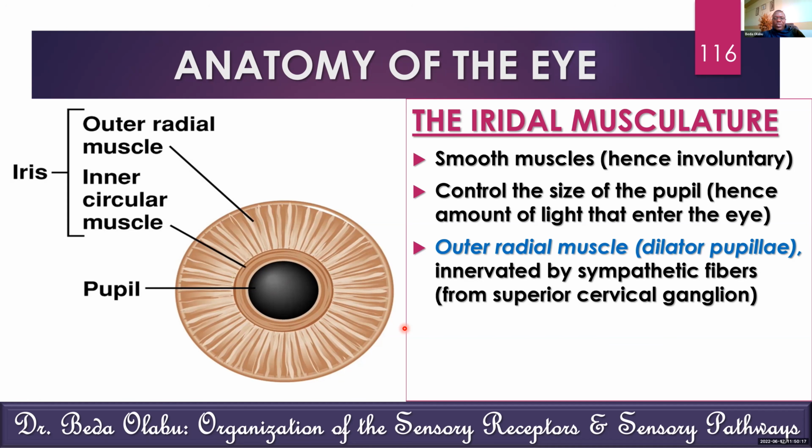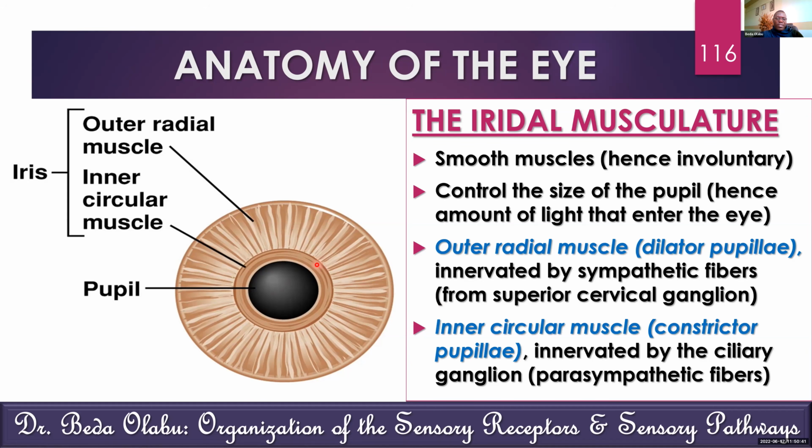The ones that go to the eye will come from the upper thoracic segment, then they form a chain, which we call the sympathetic chain. The upper part of the chain is a swelling, which we call the superior cervical ganglion, where postganglionic sympathetic neurons come from to go to the eye. These nerves reach the eye when they form plexuses around blood vessels that will eventually go to the eye.